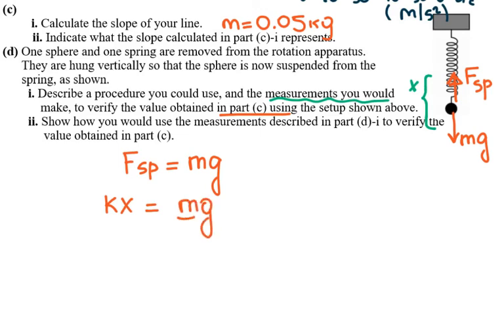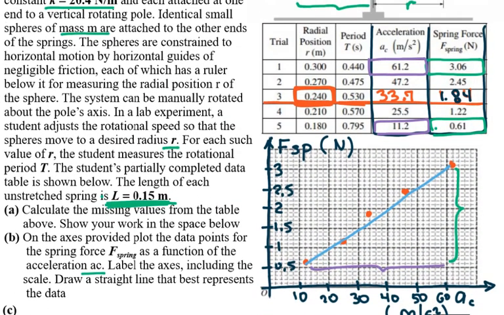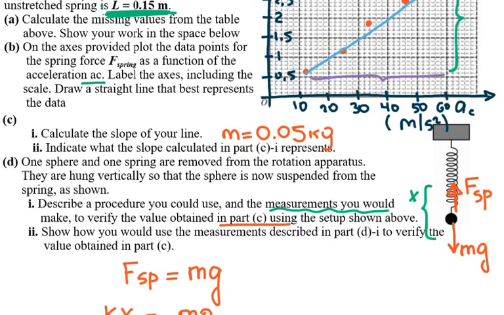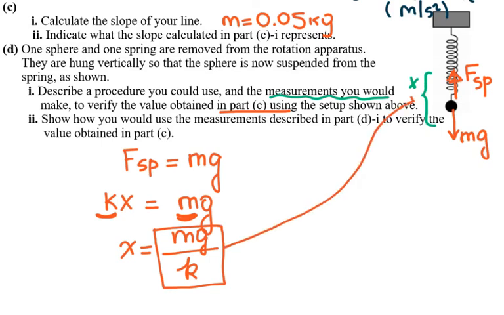If you calculated the mass correctly, and K is given as 20.4 newtons per meter at the beginning, then the calculation should show you exactly the same number as it stretches.